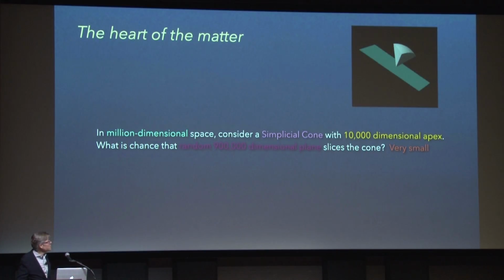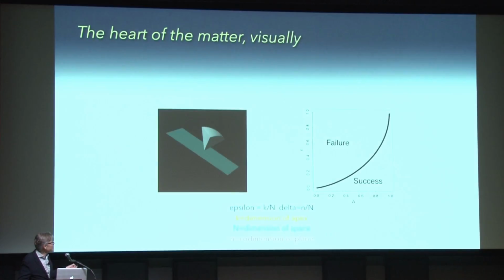You've seen this particular phrase before, and the key thing that mathematicians found is that they could figure out the probability of a random plane slicing into an appropriate cone in terms of just a couple of parameters about the problem: the dimension of the apex of the cone, the dimension of the ambient space, and the codimension of the plane.